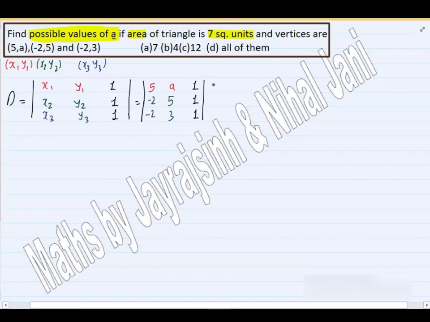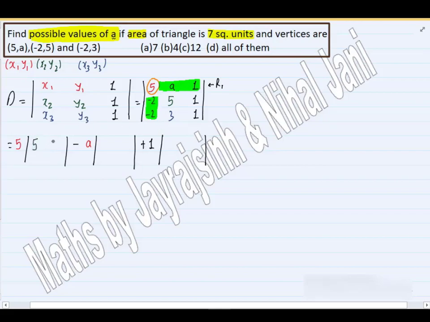Now let's expand with respect to the first row. First element 5, its determinant, then minus the second element a and its determinant, and finally plus 1 and its determinant. Now let's fill the first determinant by ignoring the first row, first column.